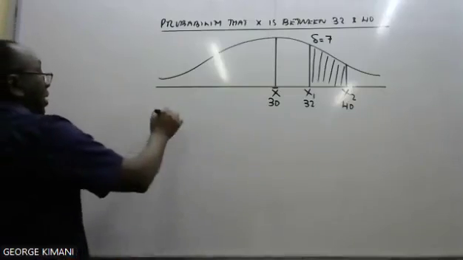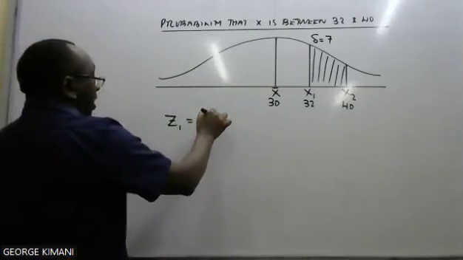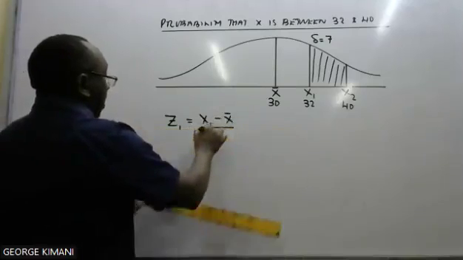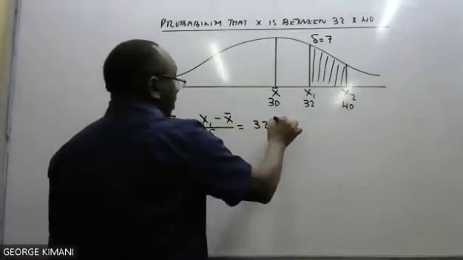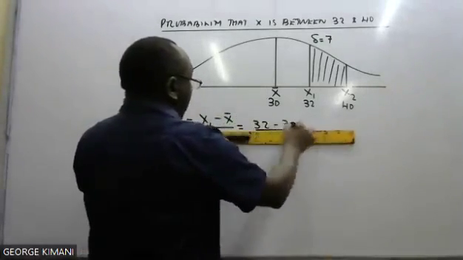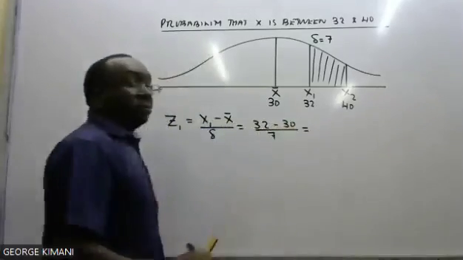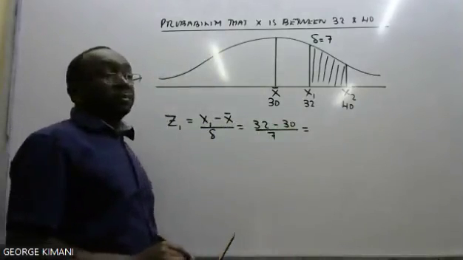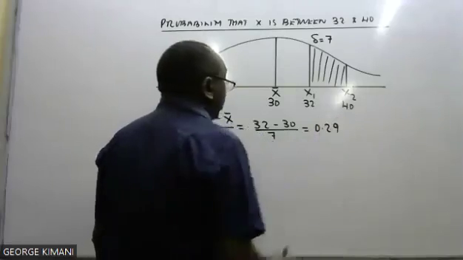Okay, now let's get Z1. Z1 is gotten as x1 minus x bar, you divide by standard deviation. So this will be 23 minus 30, you divide by 7. Negative 1.00.